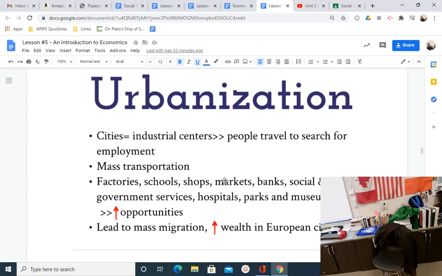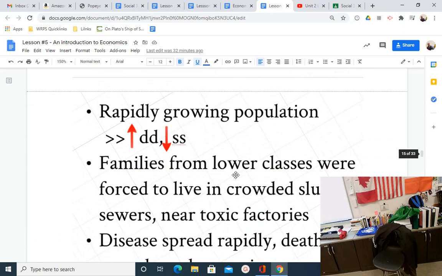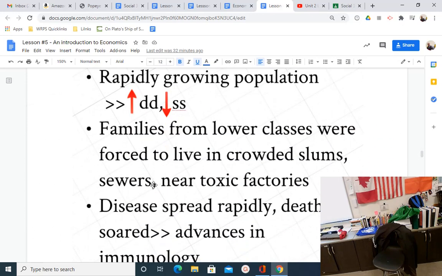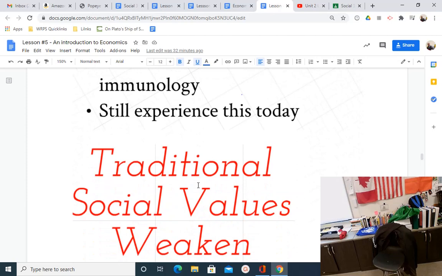That concentration of population led to the growth of some of the services we take for granted now. Unfortunately, cities were often overwhelmed, and early on it led to slums where things like cholera quickly spread. But eventually, due to growth in things like immunology, the death rate will end up stabilizing and becoming lower.